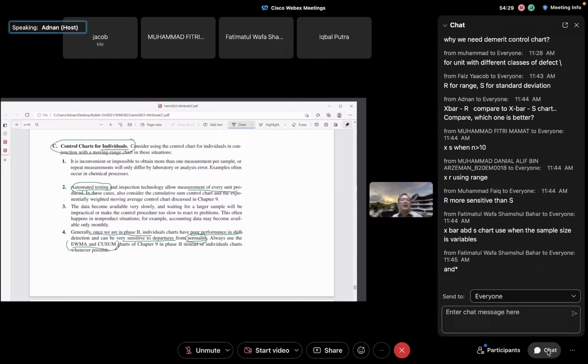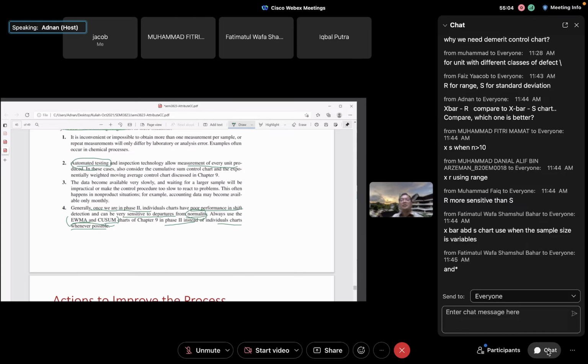Always use EWMA and CUSUM charts in phase 2 instead of the individual chart whenever possible, especially the individual Shewhart chart. We have seen earlier that EWMA and CUSUM are sensitive to small changes, so try to avoid using the individual control chart based on Shewhart. Instead, we use EWMA and CUSUM.